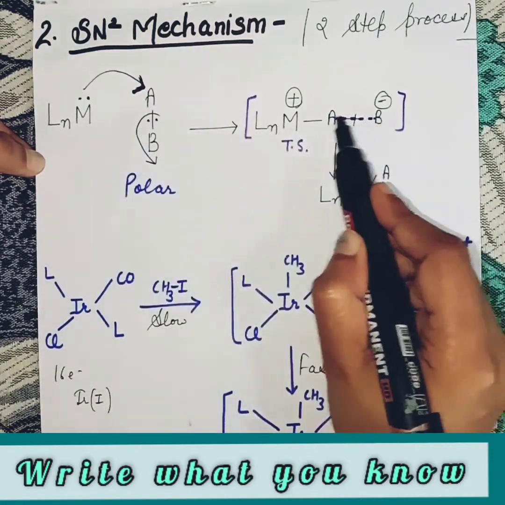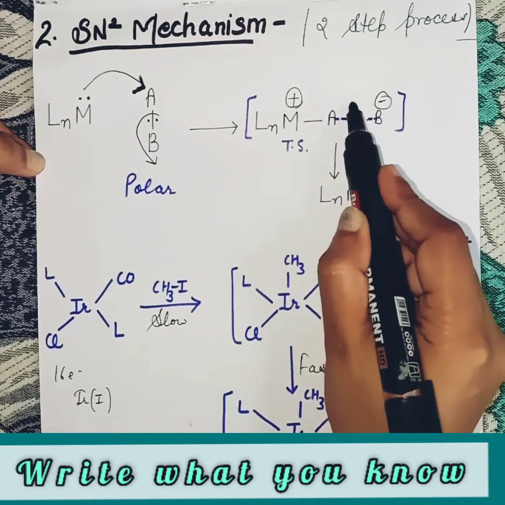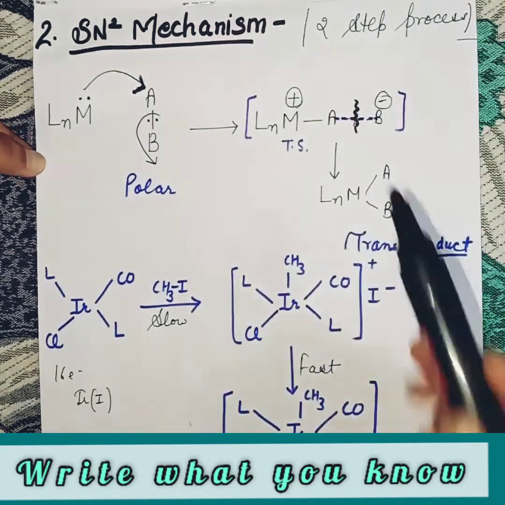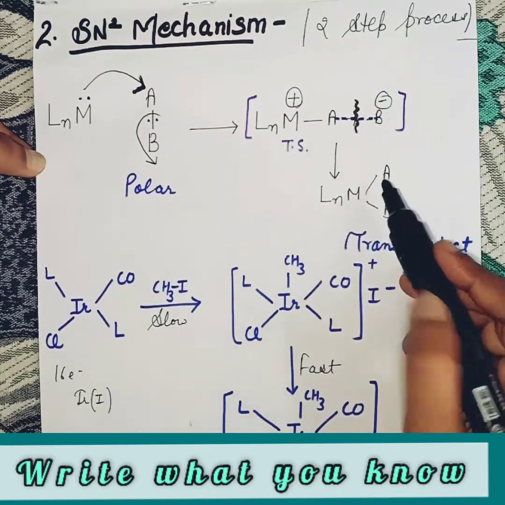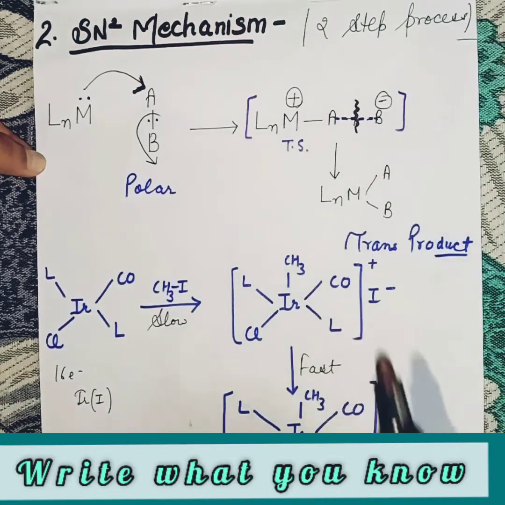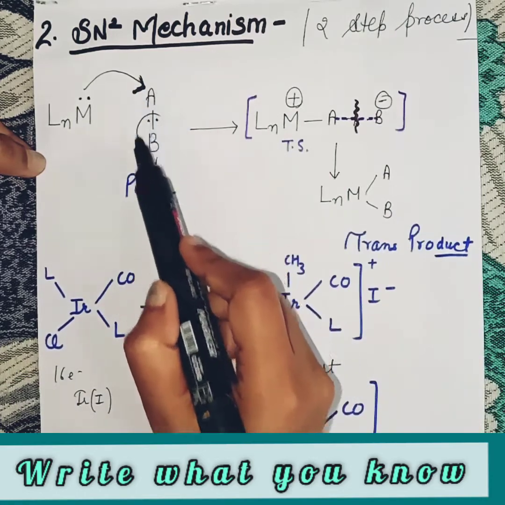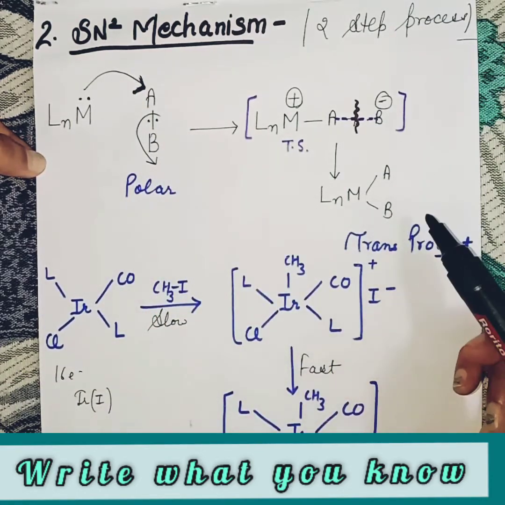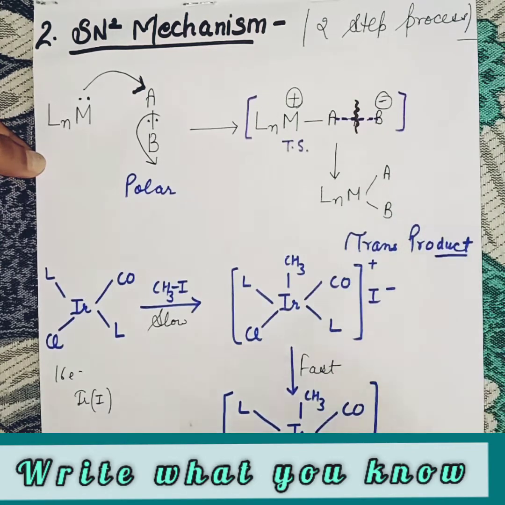So here there is a transition state with a dotted line, because B is going to detach. After that, this bond is broken and it attaches in this way. So if the group is polar, then the addition is trans, and both groups are trans to each other in the complex.